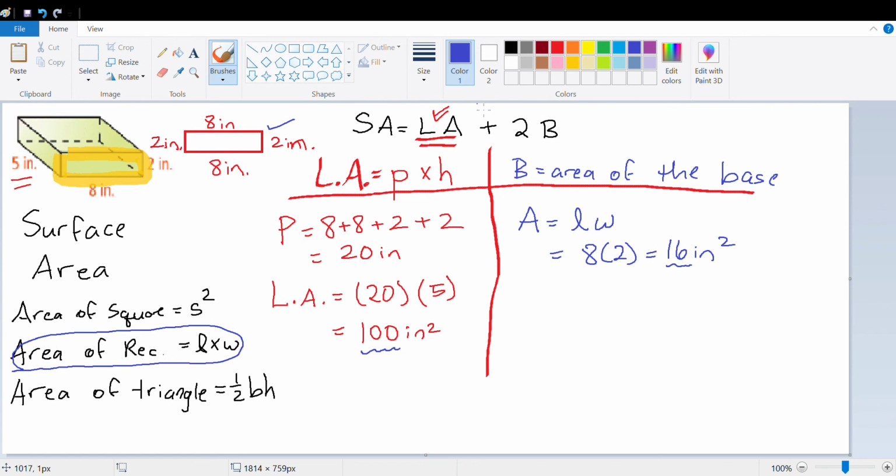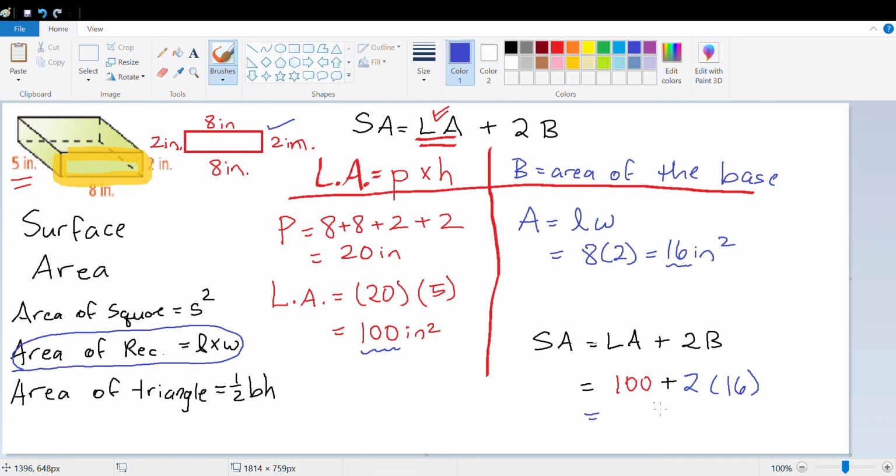Now all that's left to do is to pull everything together into my surface area formula. So let me just write it down here so I have more space. I'm going to take all the values I found and replace everything. So for lateral area, I'm going to write 100. And for the B, the area of the base, I'm going to write 2 times 16.